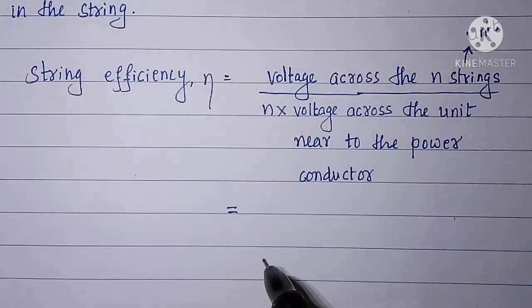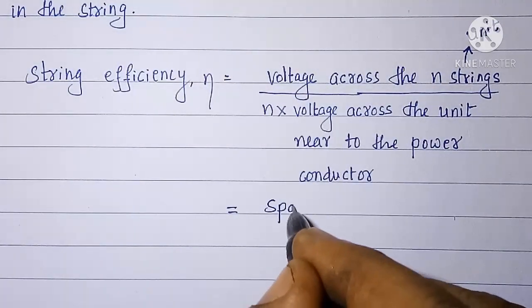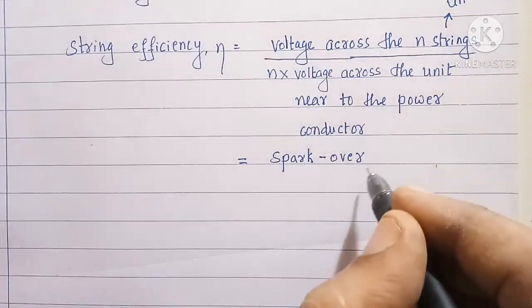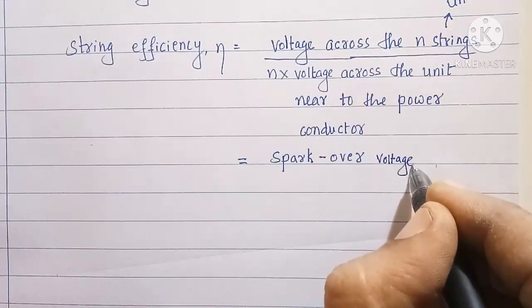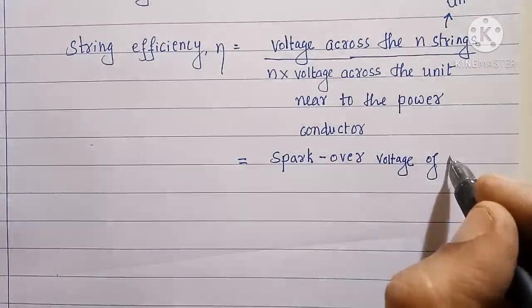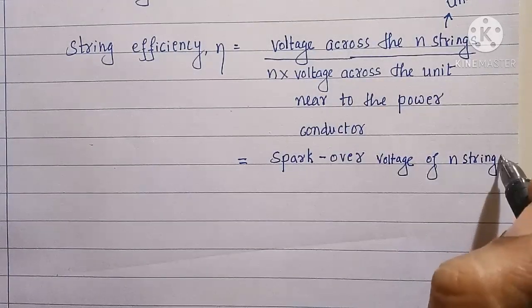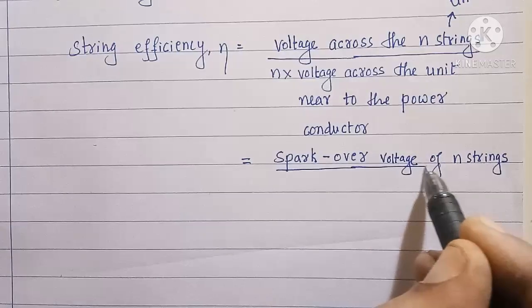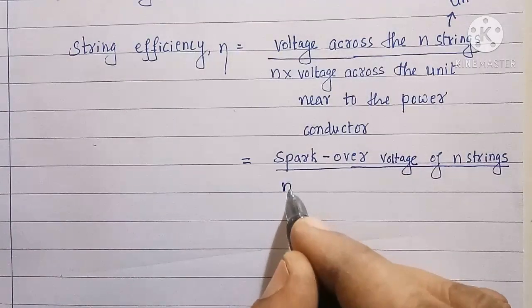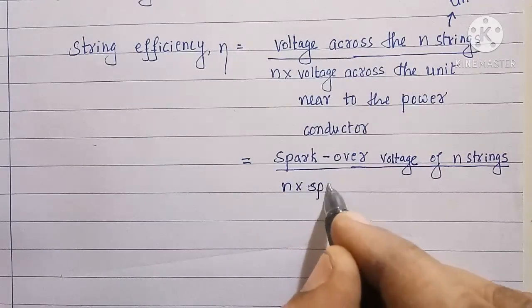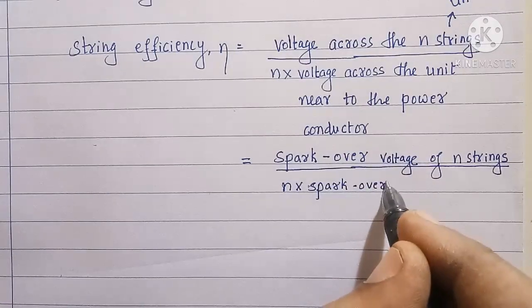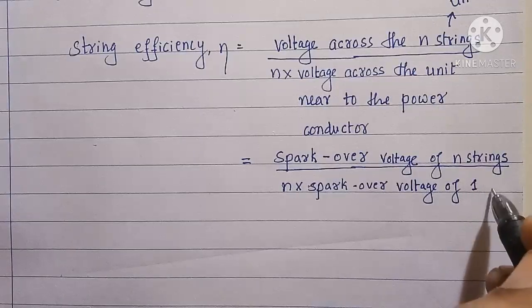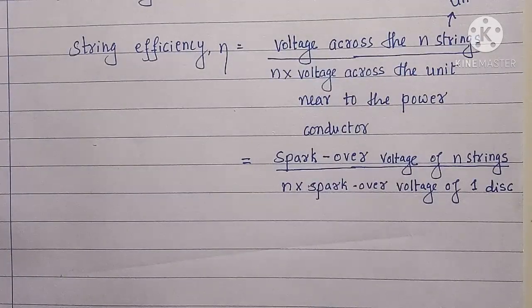This is also equal to spark over voltage of n strings by n into spark over voltage of one disc.